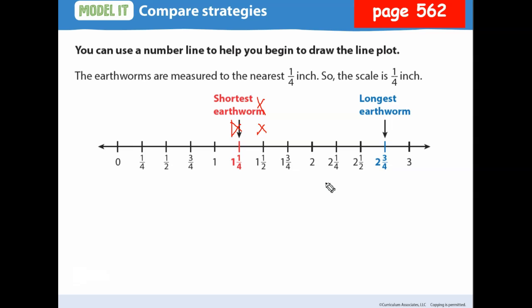So what's the next one? Are there any worms that have 1 3/4? How many? 1. So there's only 1 X up here.